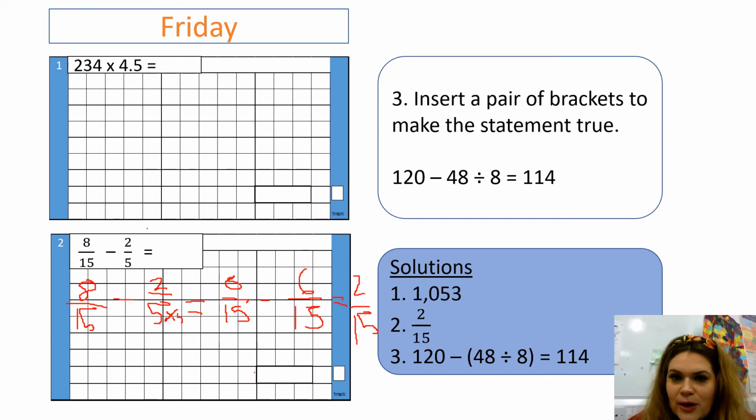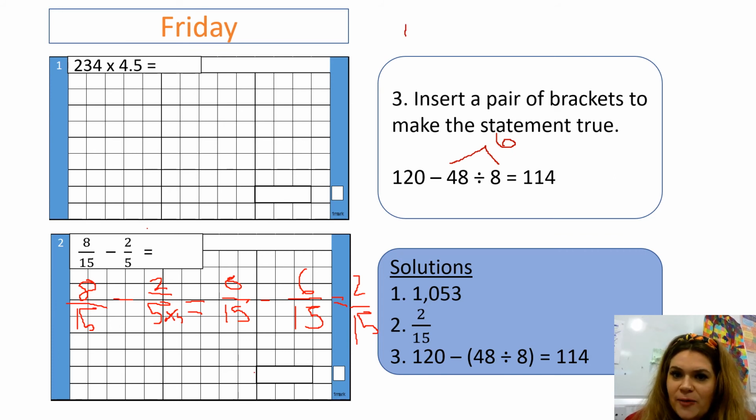Right, our last one. Insert a pair of brackets to make the statement true. So we're looking at our BODMAS again. So we've got 120, take away 48 divided by 8 is 114. So I need this to make a value of 6 before I subtract it.